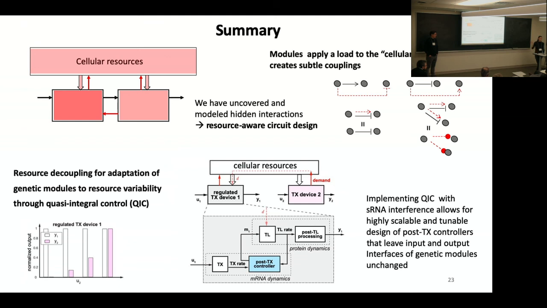Here I'm just looking at one genetic module and trying to make it isolated from the rest. But another approach would be to regulate growth rate, or even regulate free ribosome level. And there is beautiful work from the UK, from Guy-Bart Stan and Tom Ellis, that is looking at that question. Yes, absolutely. Okay, let's thank the speaker again.